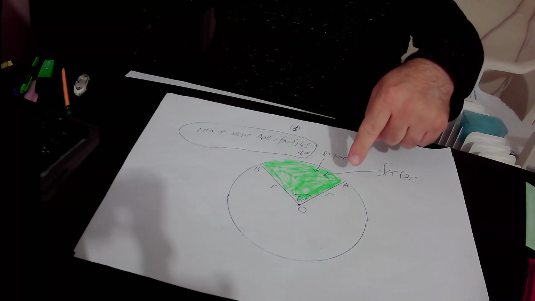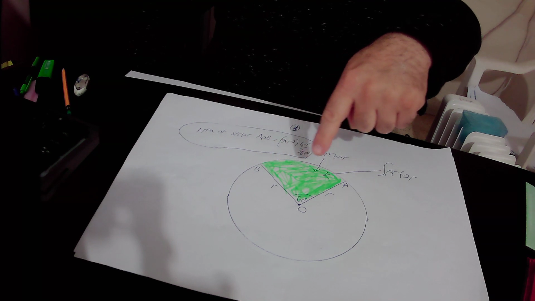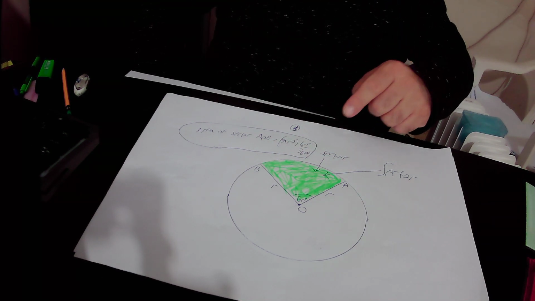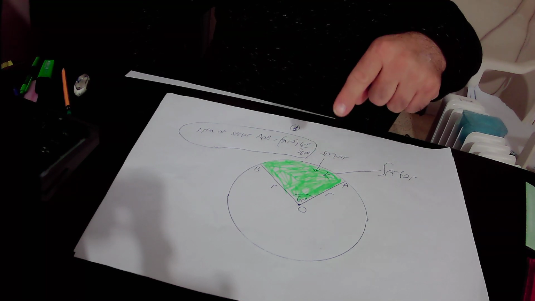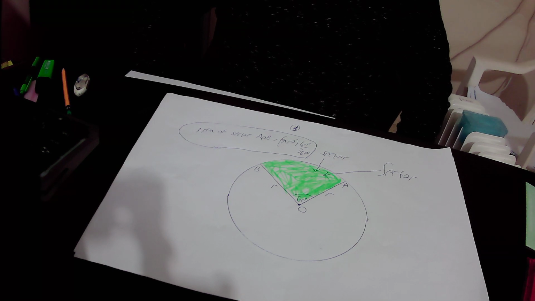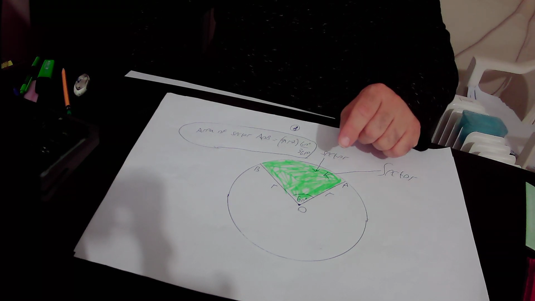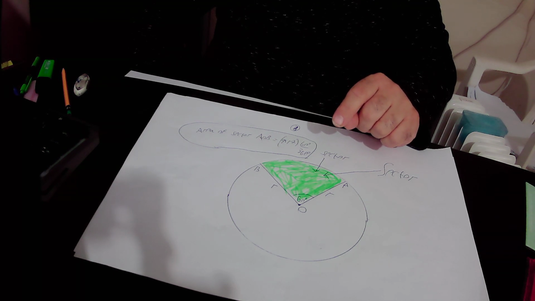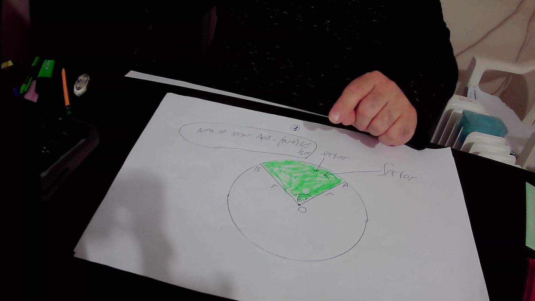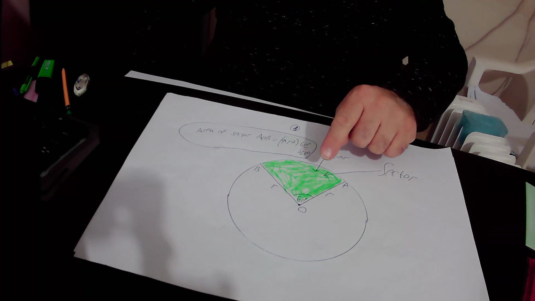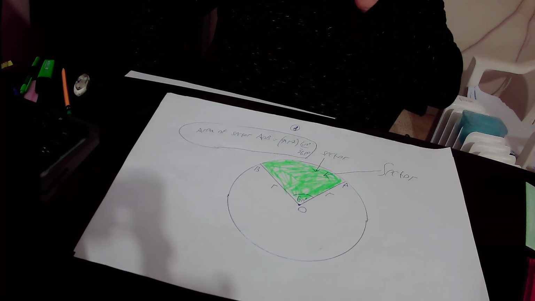In this case, the angle between the radiuses is 60 degrees, so the area will be equal to pi r squared times 60 degrees over 360 degrees, but the angle between the two radiuses could be any other angle, and we will multiply that angle by pi r squared, and we'll divide it by 360 degrees.